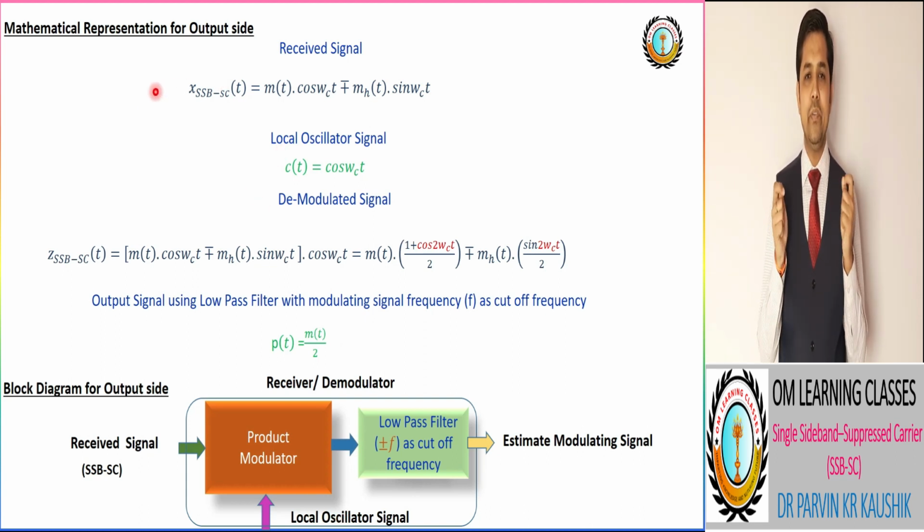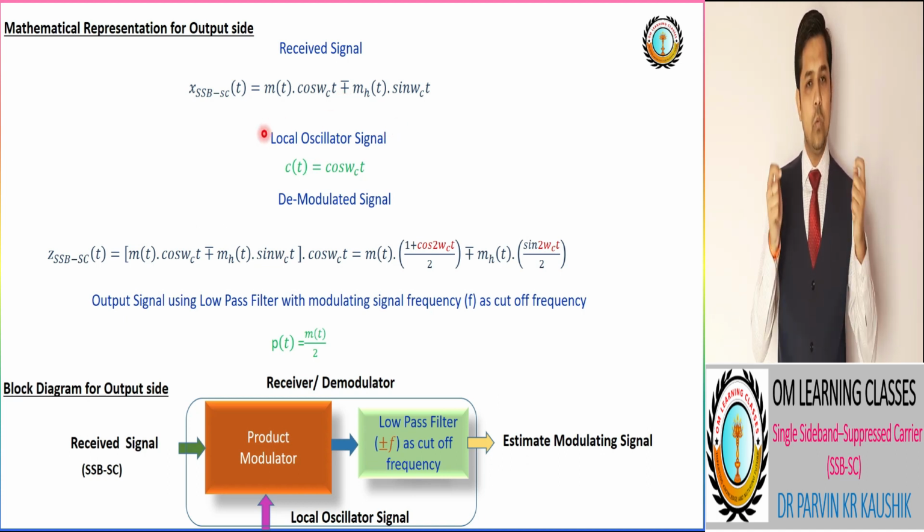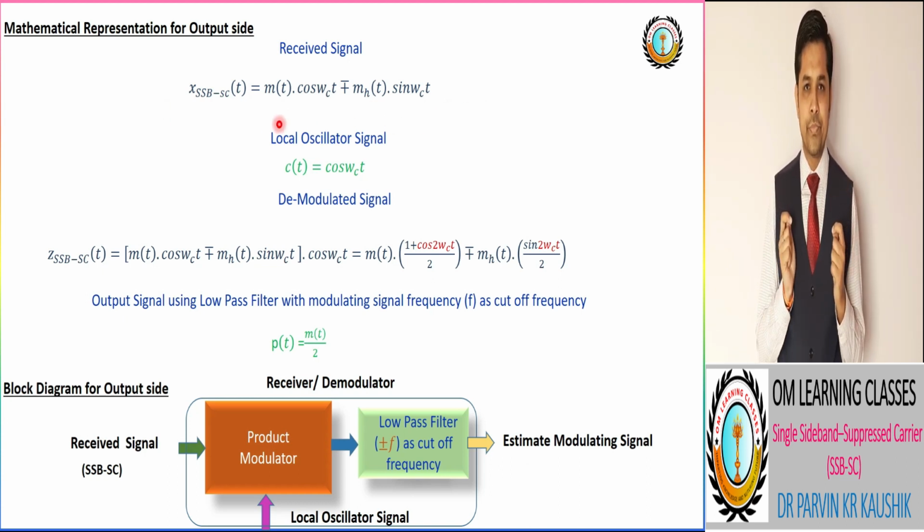So at the receiver we get the signal m(t) cos ωct minus/plus m_h(t) sin ωct. The minus corresponds to upper sideband and the plus corresponds to lower sideband, and here we consider only one sideband for the SSB-SC transmission.